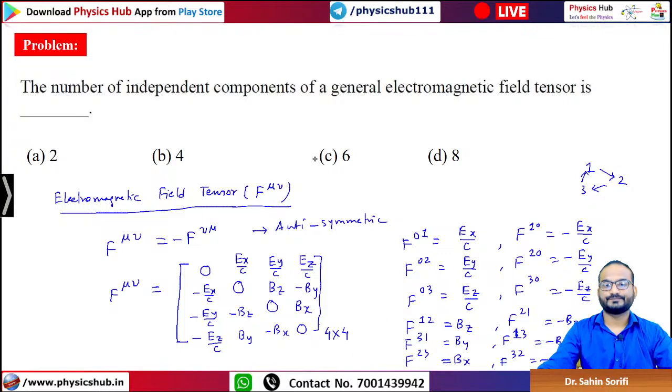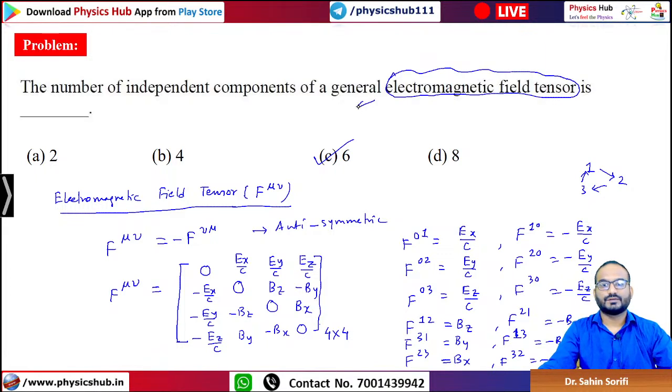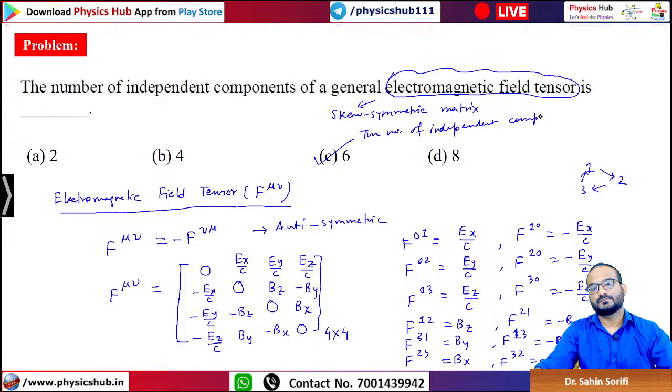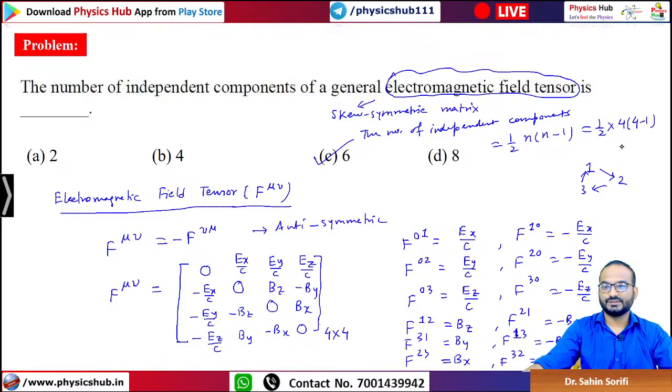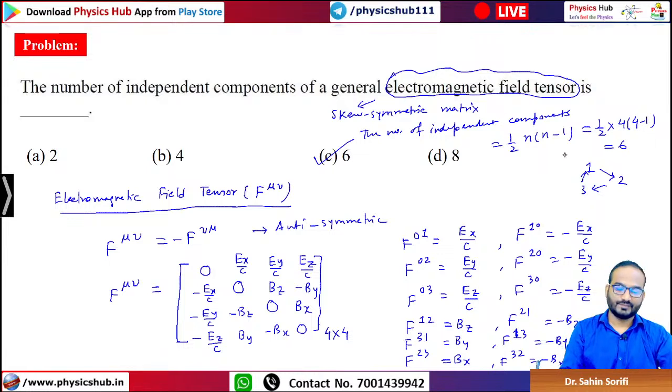C, 6. So let's calculate. This electromagnetic field tensor is an antisymmetric matrix. So the number of independent components is half into n into n minus 1, half into 4 into 3. So this is 6.